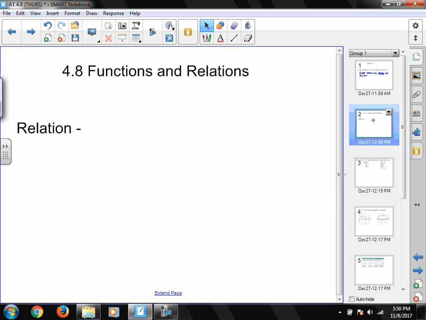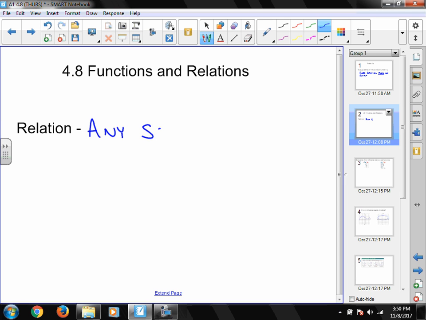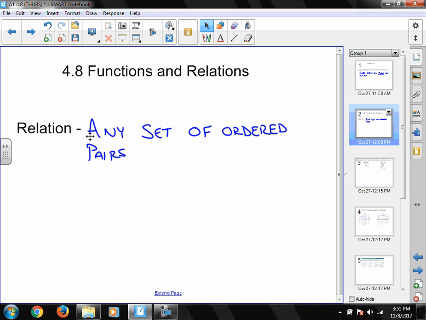So today, we're going to talk about functions and relations. A relation is any set of ordered pairs. We've got a couple different ways to talk about those relations.